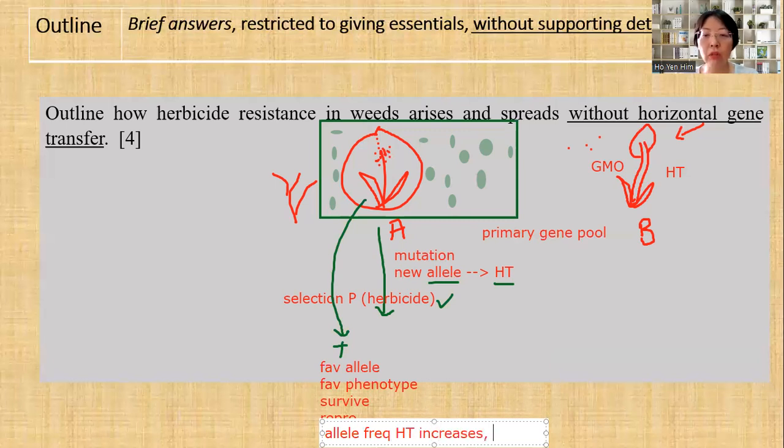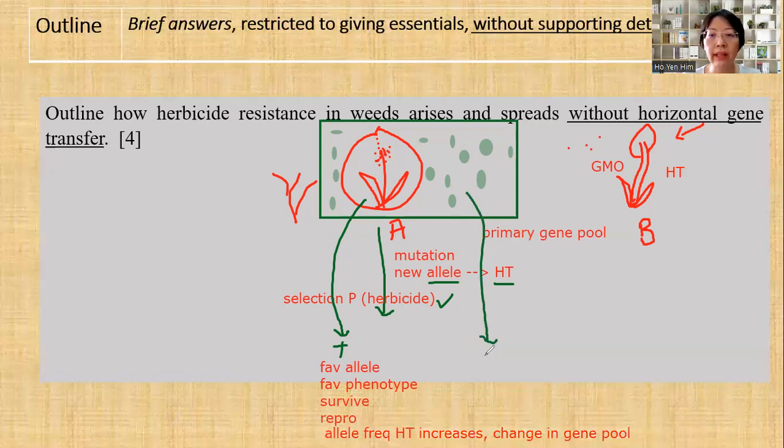So therefore there is a change in gene pool, and there will be more and more resistant type. The rest of them are selected against survival, so their number will drop. After a long period of time, you see the entire population will have more and more resistant type.